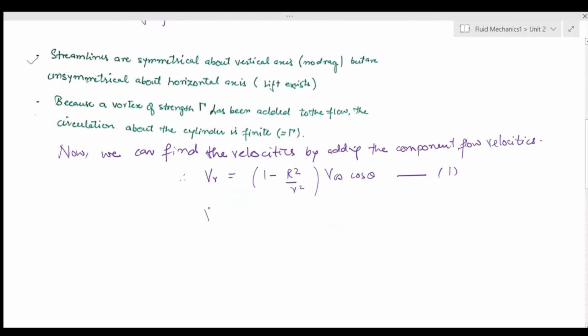For V theta, I just need to add both the cases, so that would be equal to minus (1 plus R squared by r squared) V infinity sine theta, and then minus circulation divided by 2 pi r.